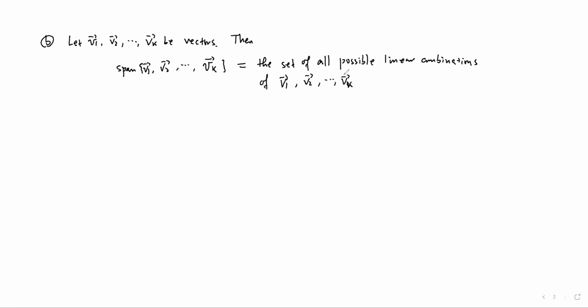Put all the linear combinations of these k vectors together, we have a set. The notation is this notation.